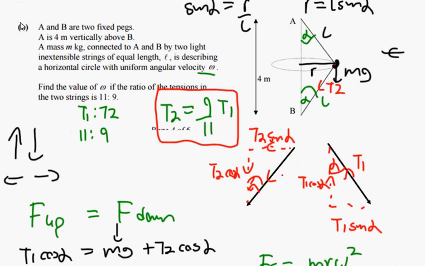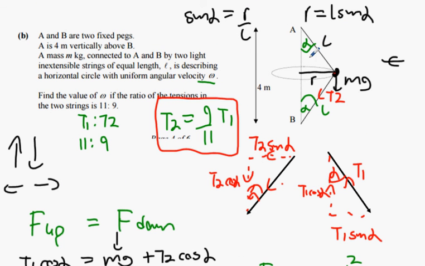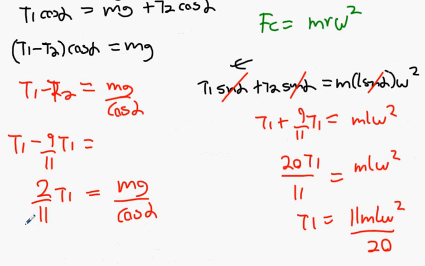Go back to the very top again and go, okay, cos alpha. Can anybody tell me what distance it is from here to here? It's going to be 2. That would mean that cos alpha is 2 over L. Okay, that's much better.